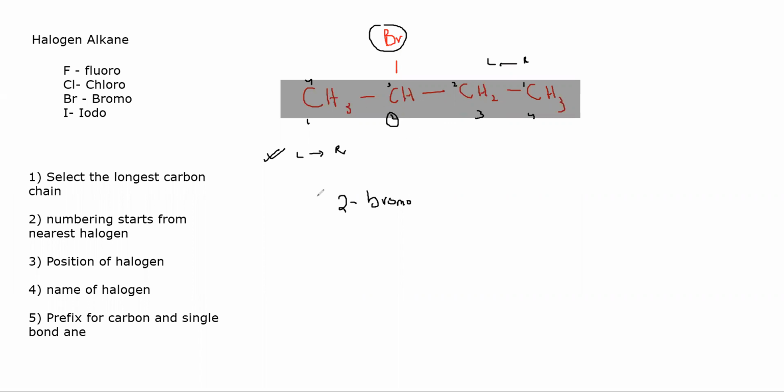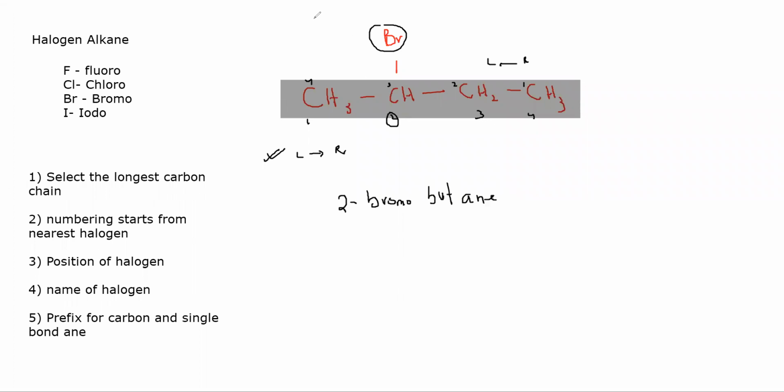There are 4 carbon atoms, so for 4 carbon atoms we'll use the prefix but. What is the bond between the carbon atoms? A single bond, so we will say ane. So it is butane.